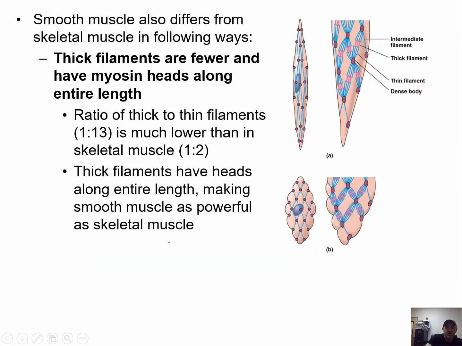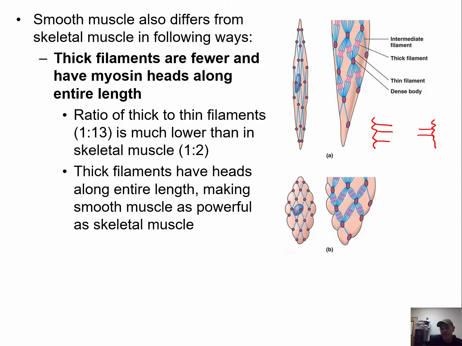So smooth muscle is also going to differ from skeletal muscle in a couple of ways. The first way is that the thick filaments are going to be fewer, and they have myosin heads all along the entire length. We went back and we looked at sarcomeres, and the sarcomeres have this Z disc with the thin filaments coming inward, and the other Z disc with the thin filaments moving inward.